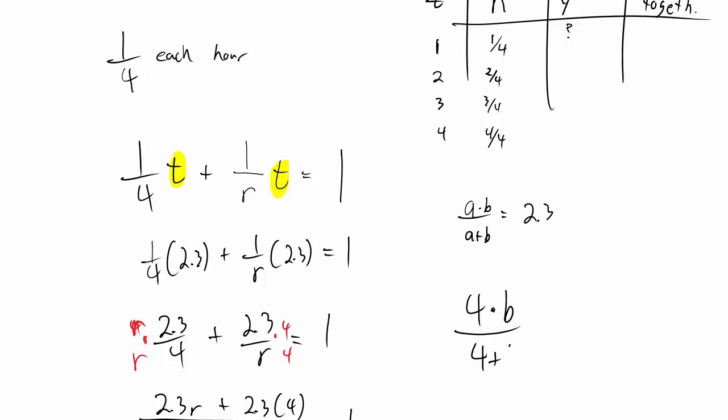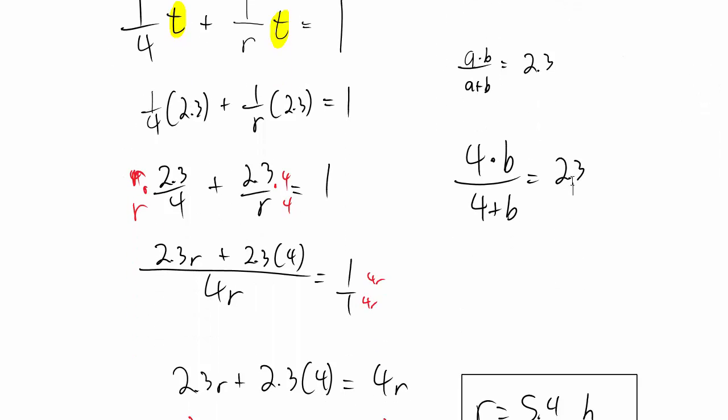So you could do 4 times the B, which is how long it takes you, over 4 plus B equals 2.3, and then you could cross multiply here. This is really 2.3 over 1. And so we have 2.3 times 4 plus b equals 1 times 4b. That's this right here. Again, I'm just cross multiplying like so.